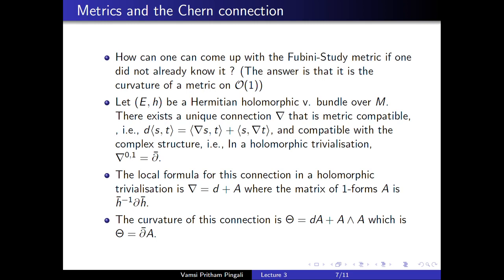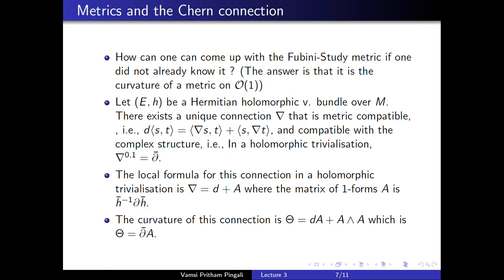Okay. So why do I care about these things? Notice for a line bundle, the curvature is simply dA, because A wedge A is 0, A is a 1 cross 1 matrix of 1 forms, and any 1 form wedge itself is 0. So theta is simply dA, yeah, for a line bundle.